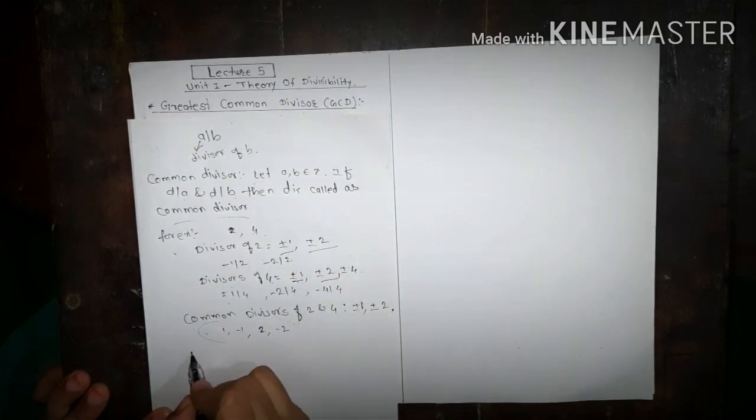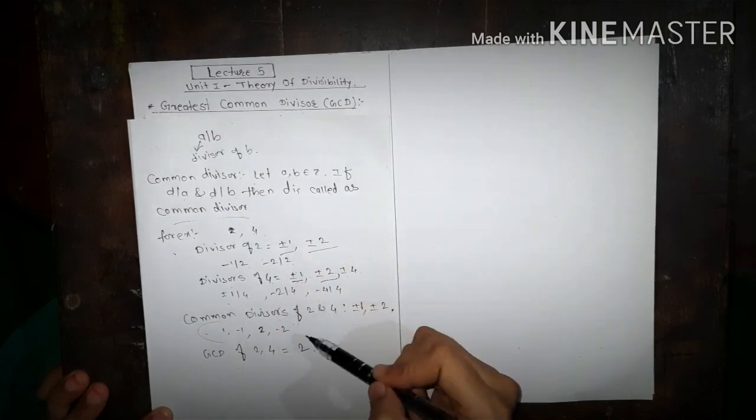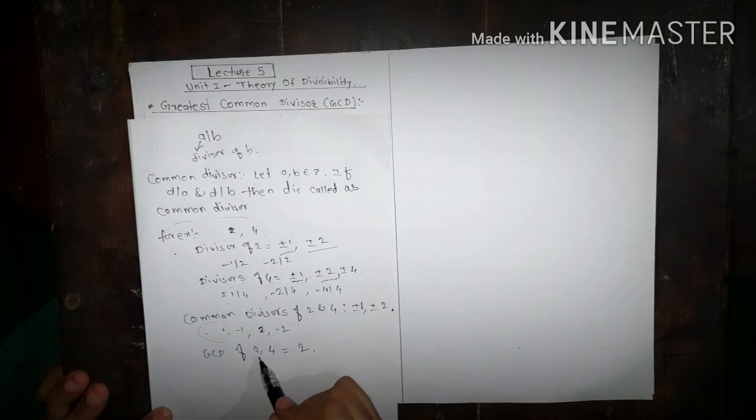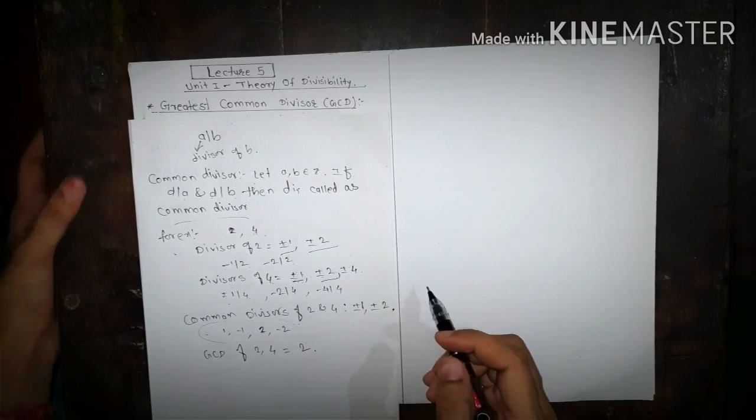That is, GCD of 2, 4 is equal to 2. So from this explanation, we see that a GCD is the greatest among the common divisors, which is positive also. So we see the definition of greatest common divisor here.